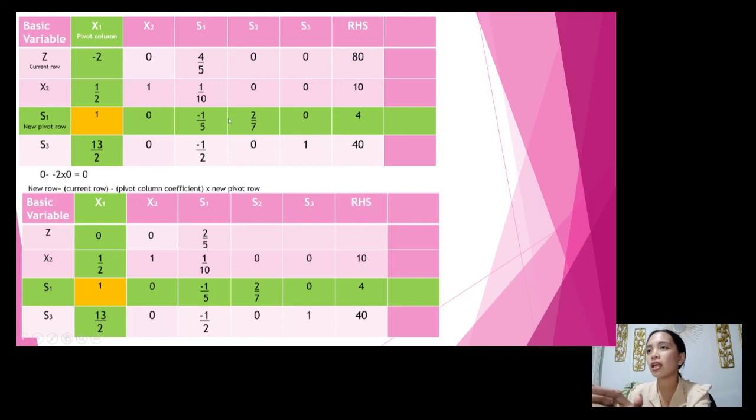Next is 4 over 5 minus negative 2 times 1 over 5, which is 2 over 5. Then 0 minus negative 2 times 2 over 7 is 4 over 7. Next is 0 minus negative 2 times 0 is 0. And 80 minus negative 2 times 4 is 88. So do the same process until the RHS.